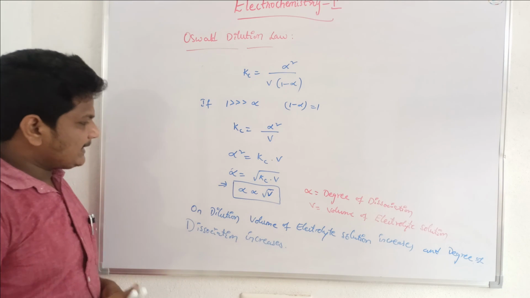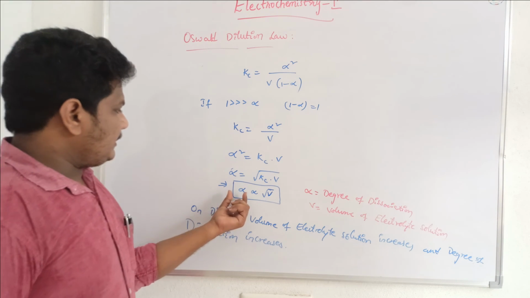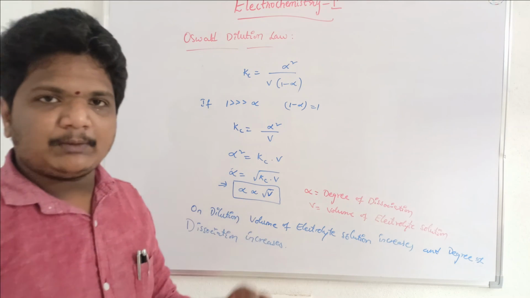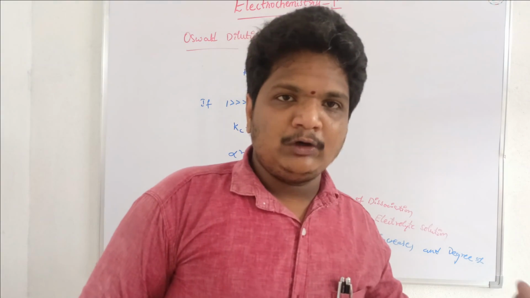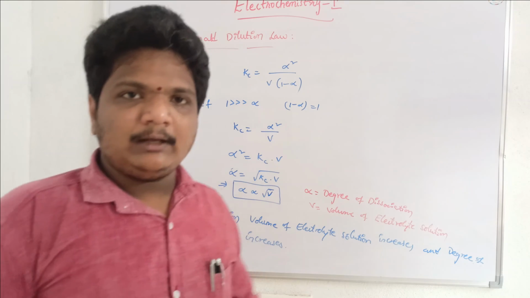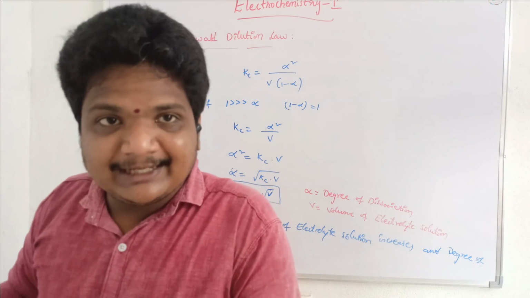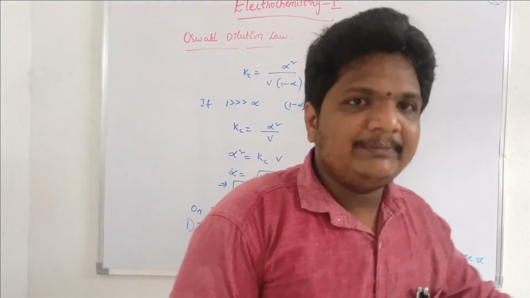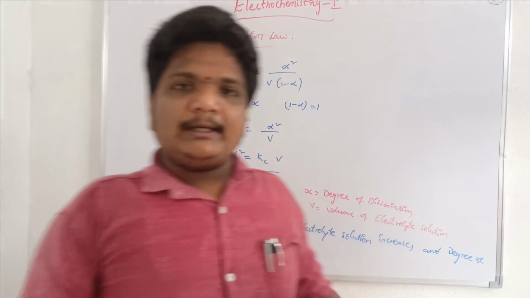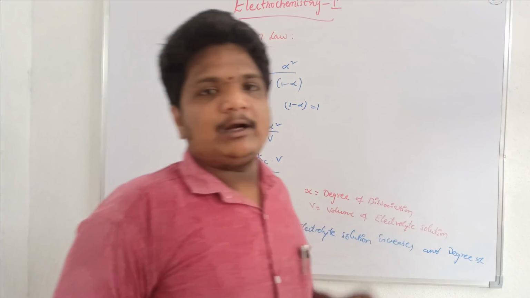So this is the second form of Ostwald's dilution law. Here the degree of dissociation is directly proportional to the square root of the volume of the electrolyte solution. It means on dilution there is an increase in volume of the solution, and if the volume increases, the degree of dissociation will increase. This form is also only applicable to weak electrolytes.